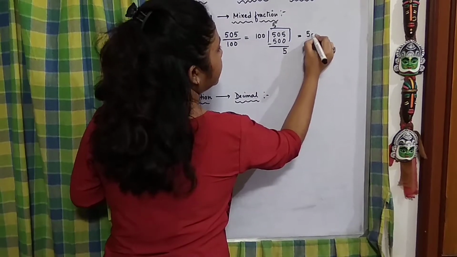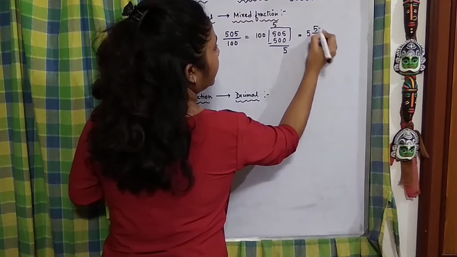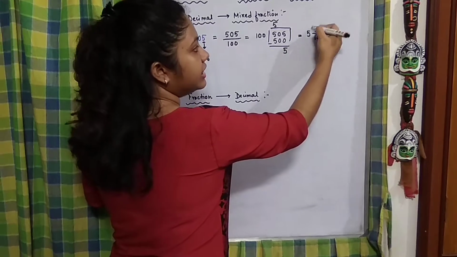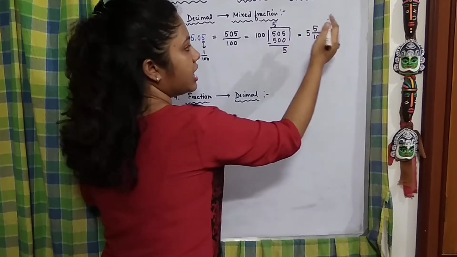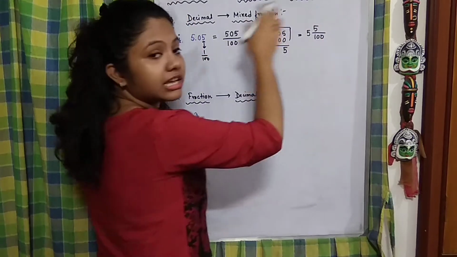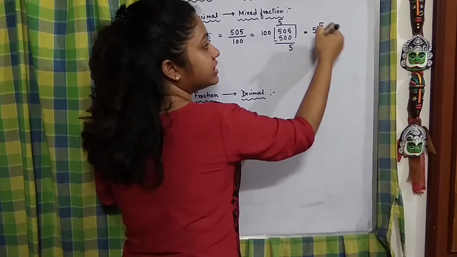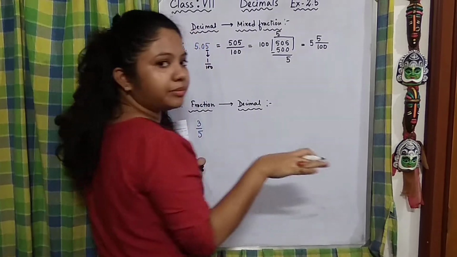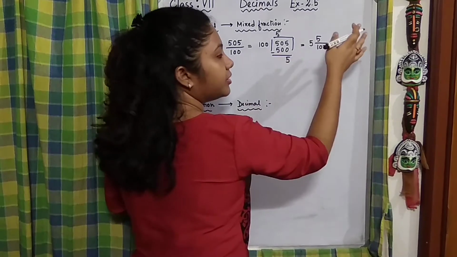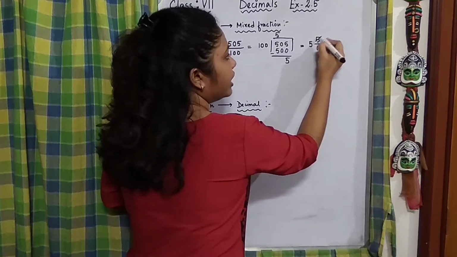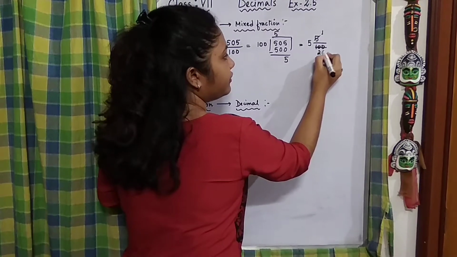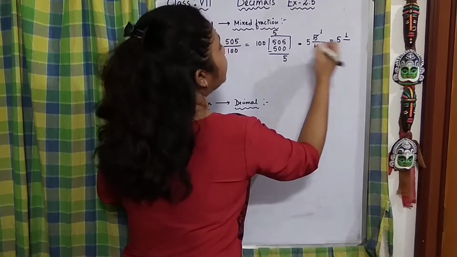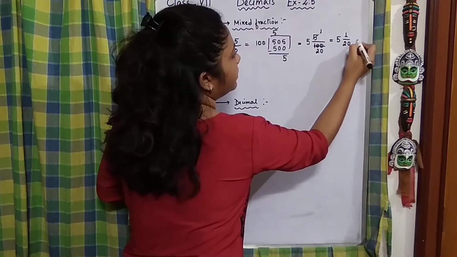So here it comes as this. Now see here, in this new proper fraction, this fraction is incomplete. Why? Because it is not in its simplest form. Because 100 can further be divided by 5, and 5 can be divided by 5 itself. So we are going to cancel it. 5 ones are 5, 5 20s are 100. So the final mixed fraction form will be this.